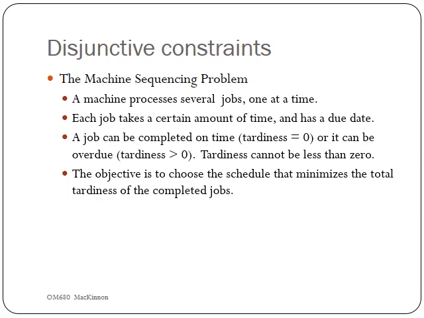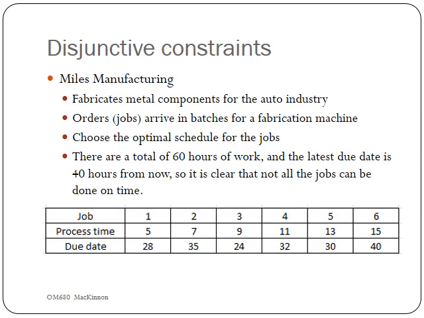Now, this is actually a very complex program to solve using the linear engine. It can be done, and I'll show you how to do it. But if you use something like the evolutionary solver, it is much, much easier. So let's take a look at Miles Manufacturing. They make metal components for the auto industry. Their jobs arrive in batches for a fabrication machine, and the idea is to choose the optimal schedule for the jobs.